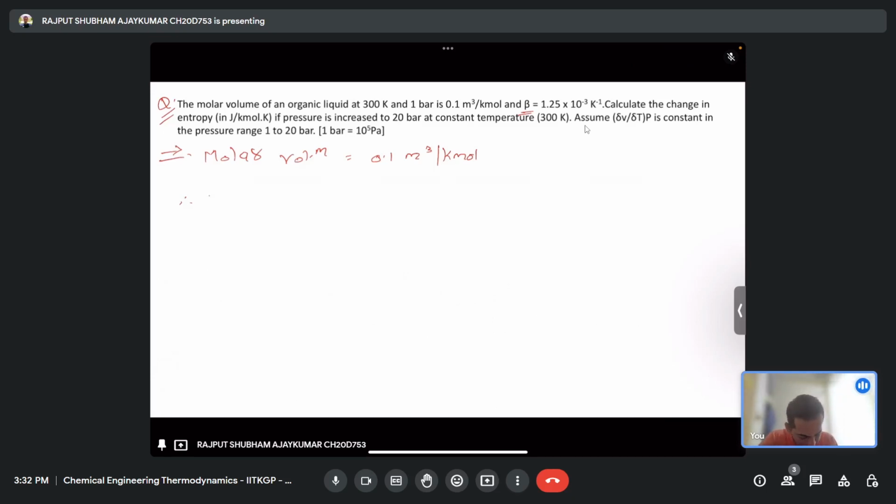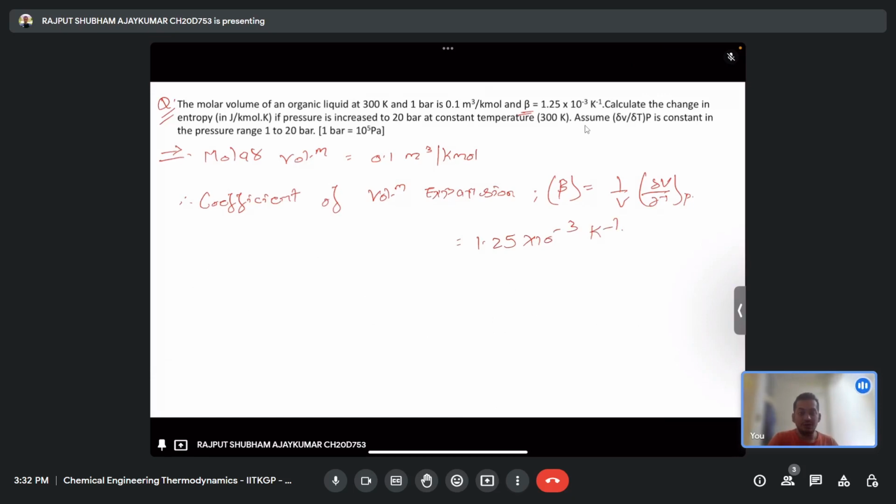So the coefficient of volumetric expansion is given by beta equal to 1 by V del V by del T at constant P, which is given to us as 1.25 into 10 to the minus 3 per Kelvin. Okay.